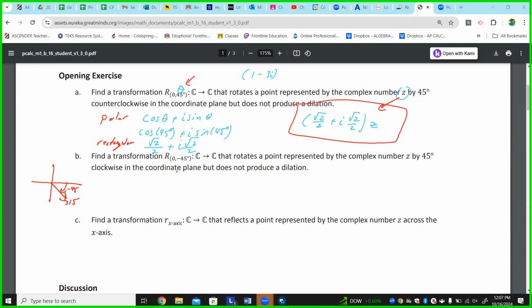Good point. Well, no, you want it in rectangular form, not polar. Caleb, you want it in rectangular, not polar.